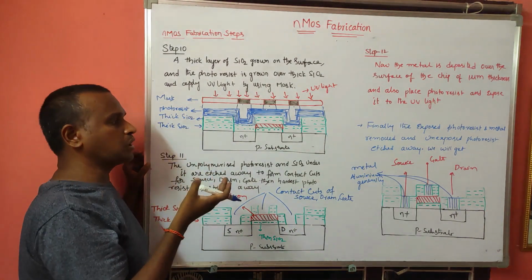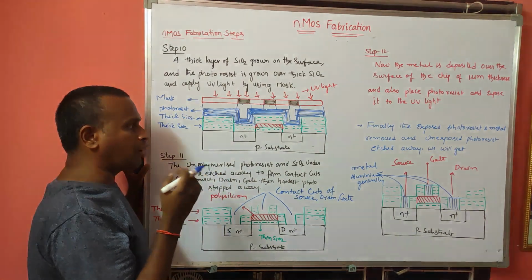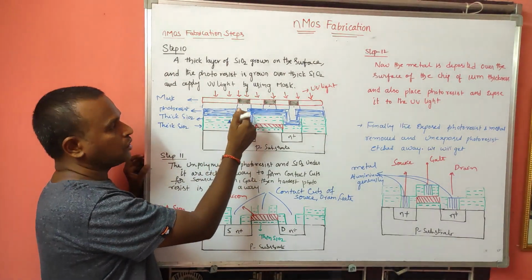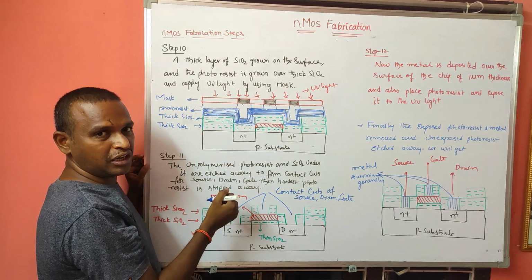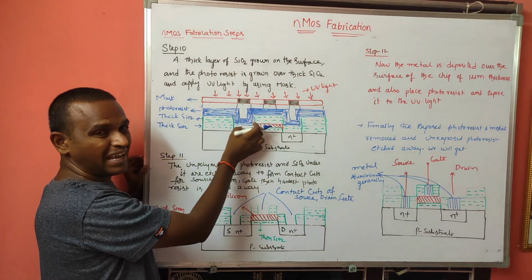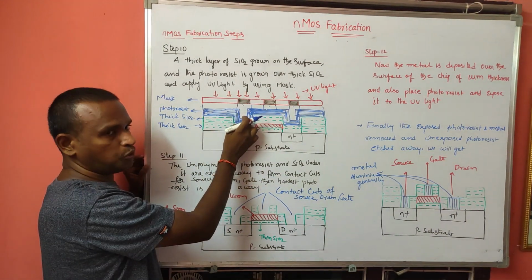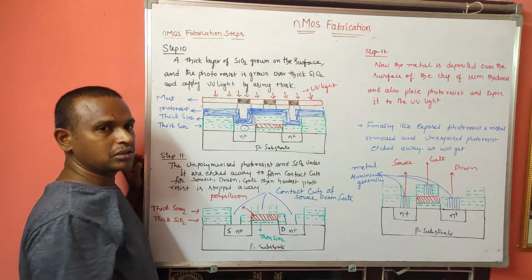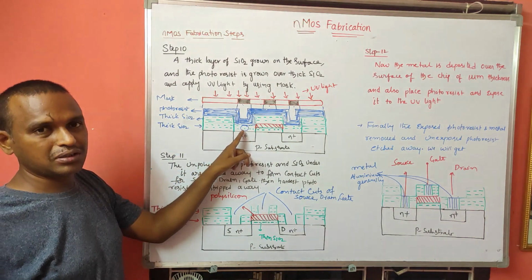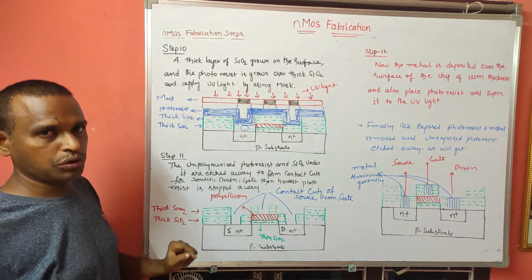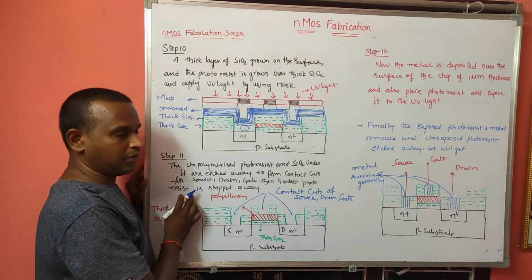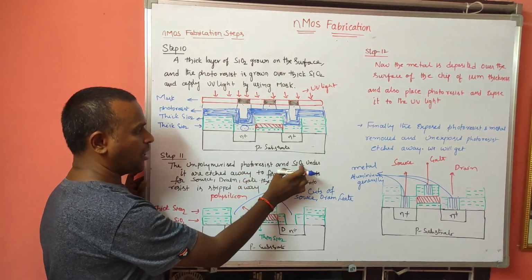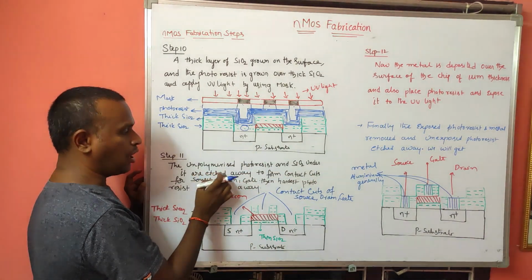So we can remove that hardened material, and after that what we have here is the unexposed area. So that unexposed photoresist and the SiO2 will be removed. That's what happens in step 11. The unexposed, unpolymerized photoresist and SiO2 under it are etched away.